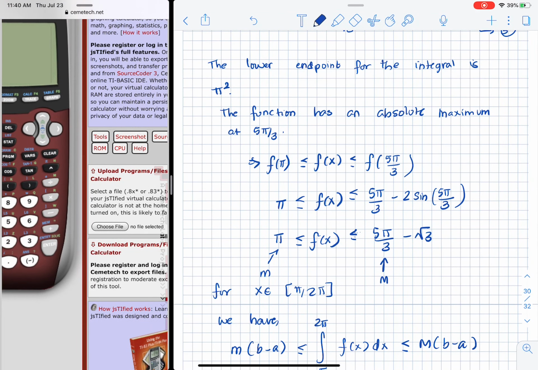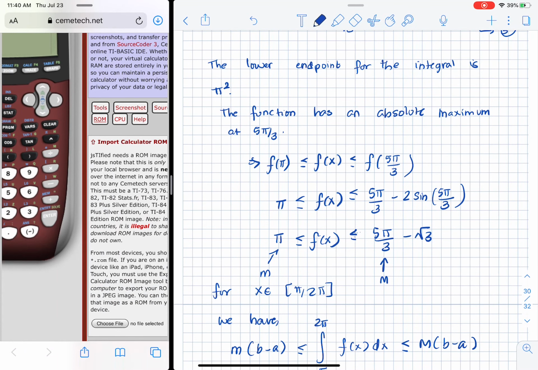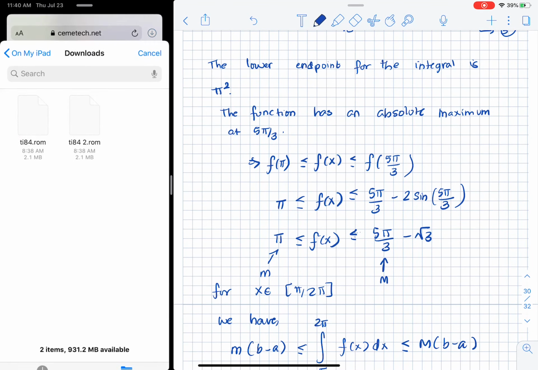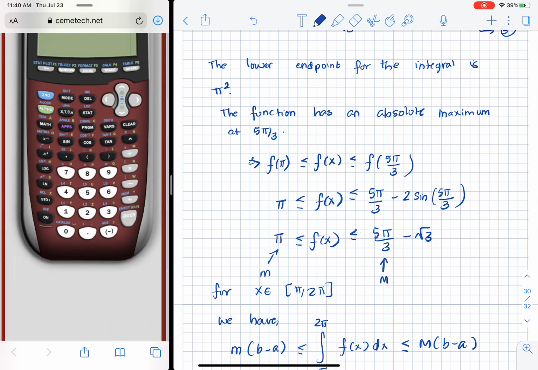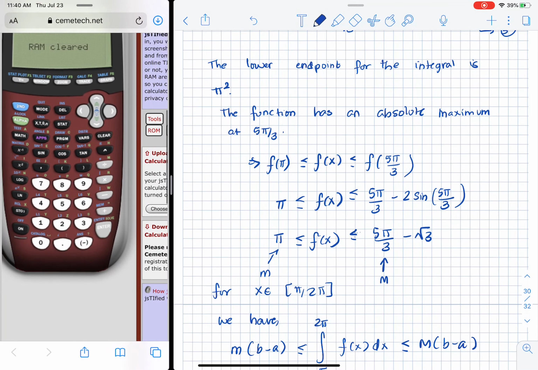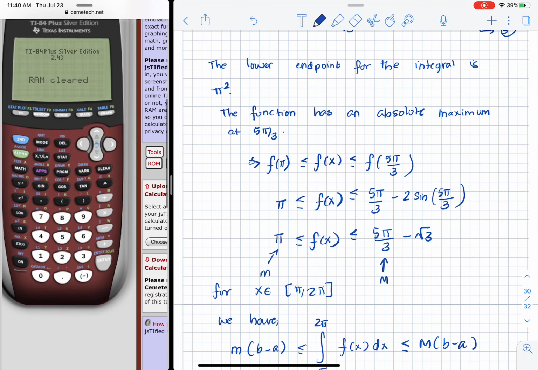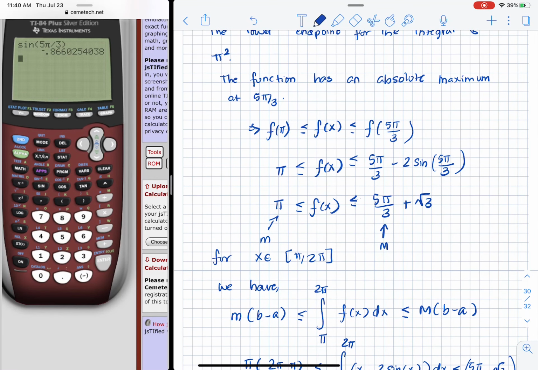Can verify that. Sine 5 pi over 3 is negative. Negative of negative would be positive, so that'd be positive.